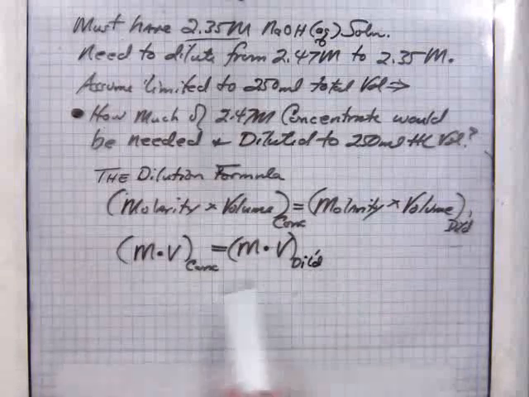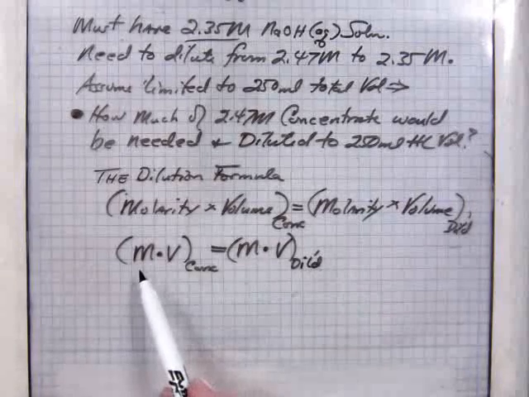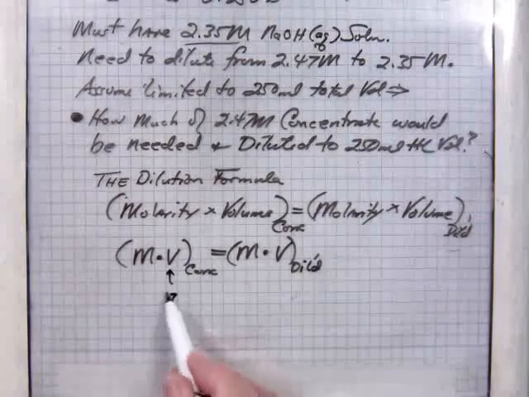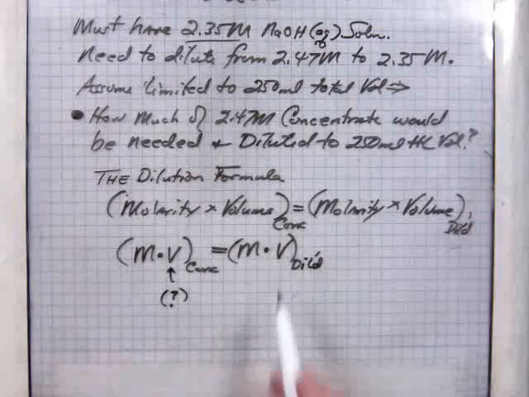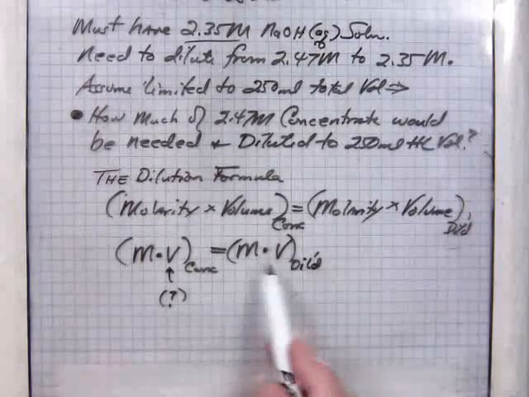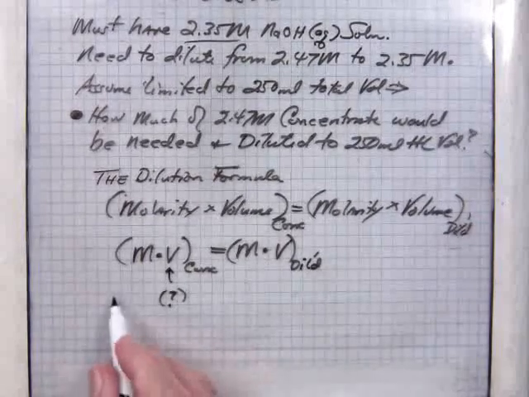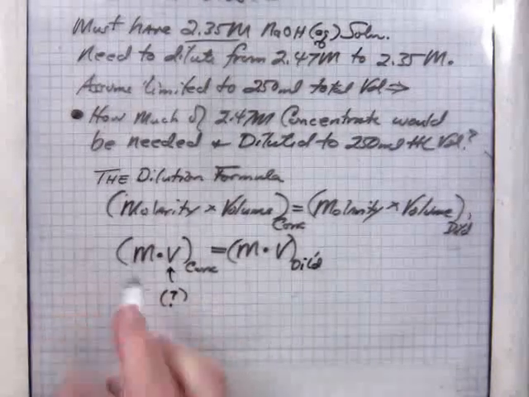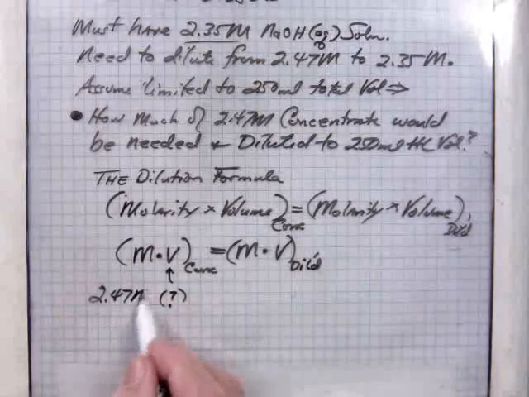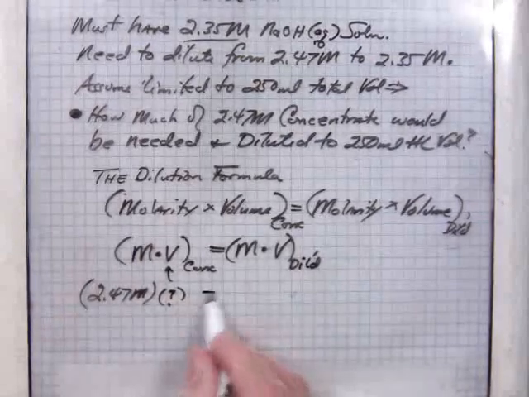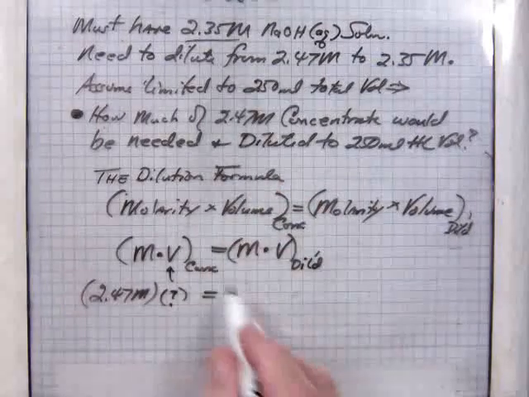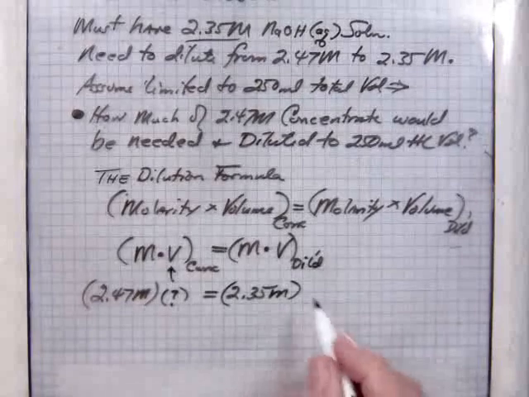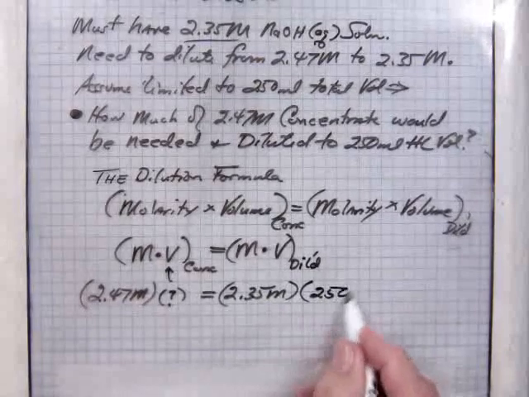Now, we have the molarity of the concentrate, but the question is, how much of this concentrate do we need to dilute to achieve what our final objective is? Over here, we have a 2.47 molar concentrate, and that's set equal to what we need, which is the 2.35 molar diluted sample, and we need 250 milliliters of it.